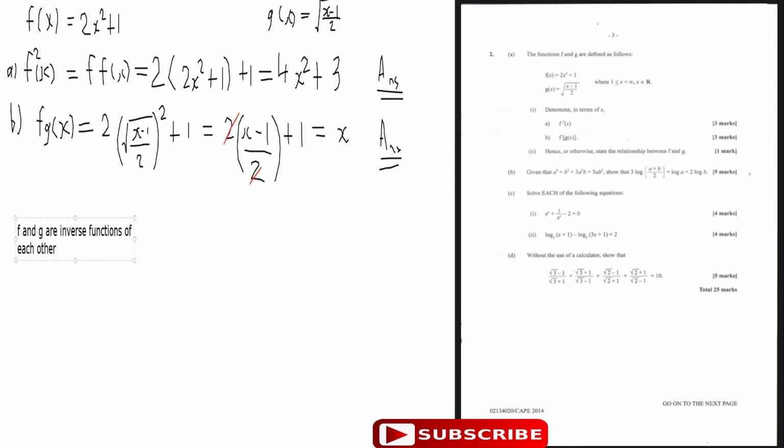That is, f is the inverse of g and g is the inverse of f. All right, so you can tell them that they are inverses of each other.